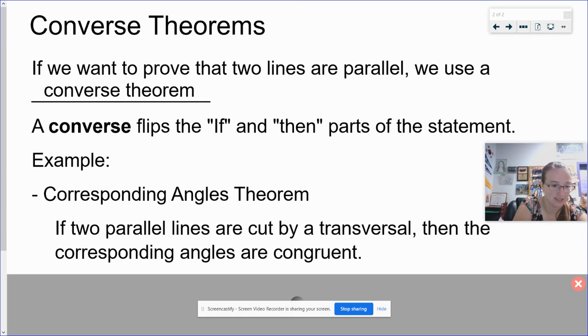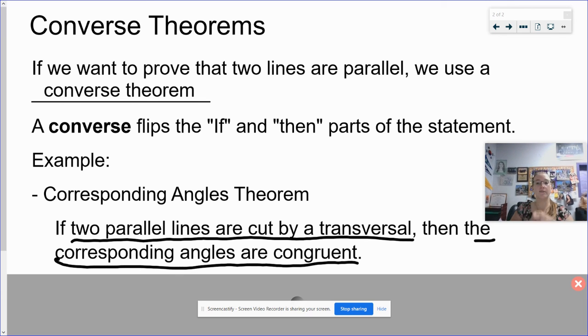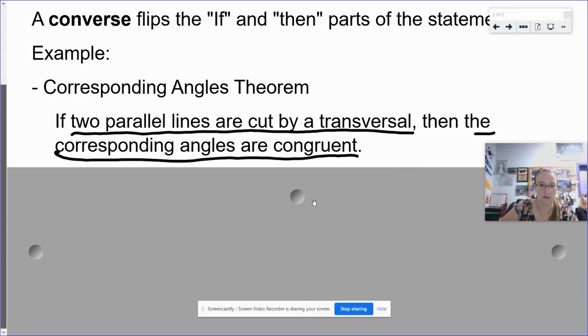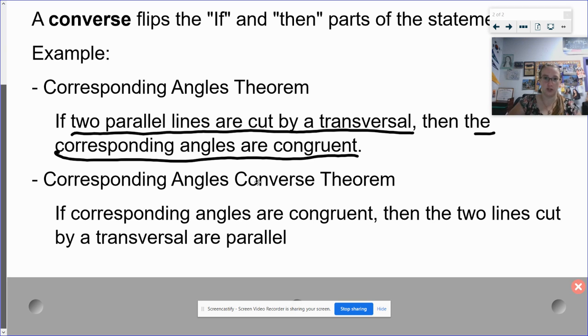So here's my two statements. If two parallel lines are cut by a transversal, then the corresponding angles are congruent. The converse of this theorem is going to make those two little pieces of my sentence switch places. So we're going to copy this next piece down as well. This is an example of a converse theorem, and all of the relationship theorems are going to read like this as well.